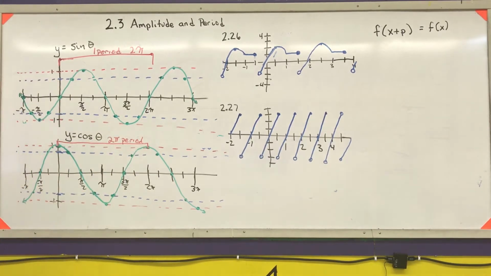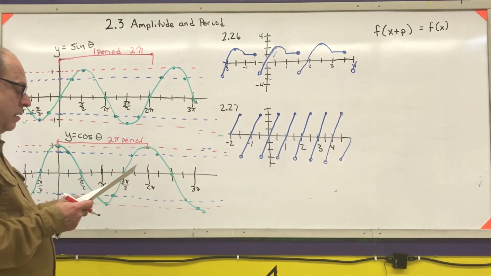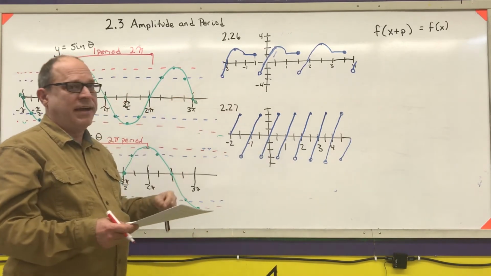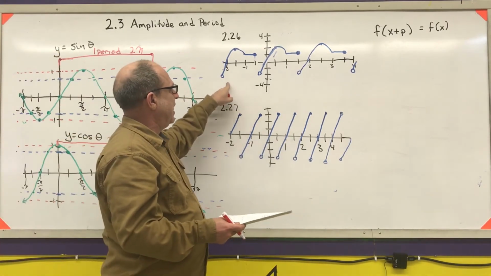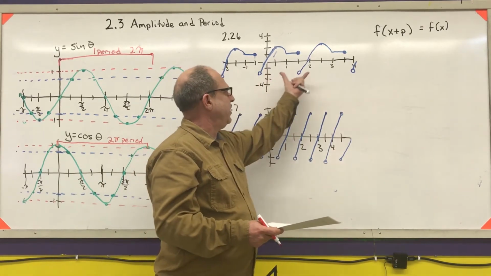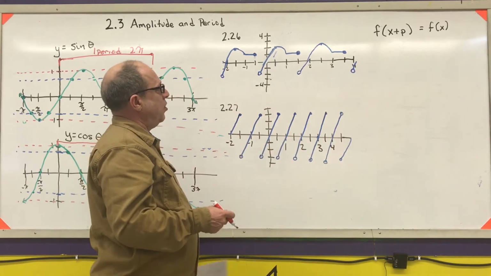So what we want to ask ourselves is what is the period of these two graphs? These are repeating. It's the exact same picture, repeating over and over again, just horizontally translated down the graph. I want to know what the period is.